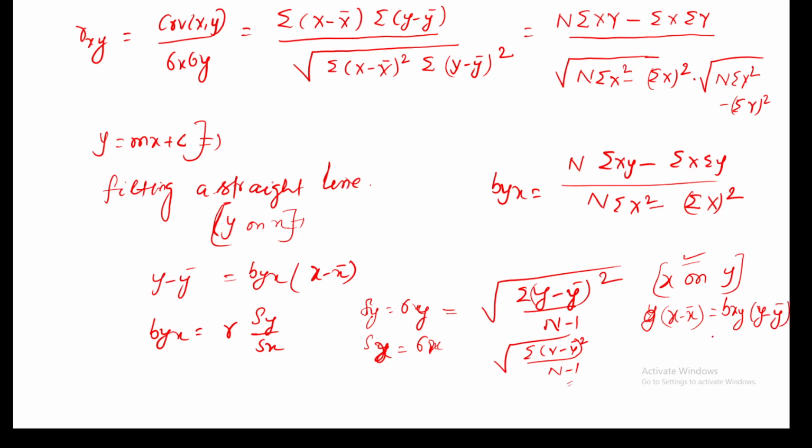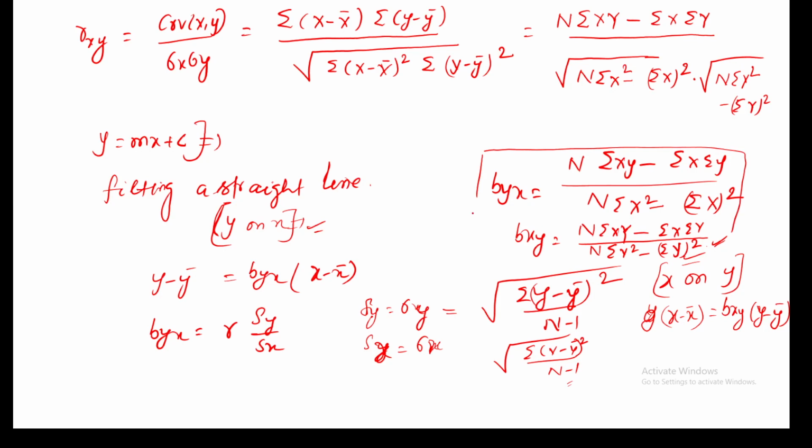For the formula for bxy, n sigma xy minus sigma x sigma y, now instead of x it will be y. Simple. And usually in our course the line is y on x, so we'll use this formula for slope.